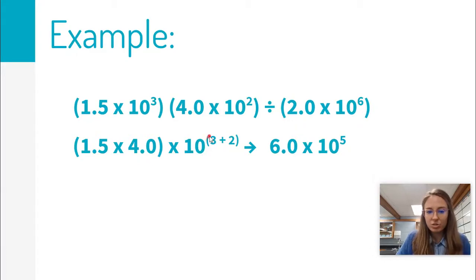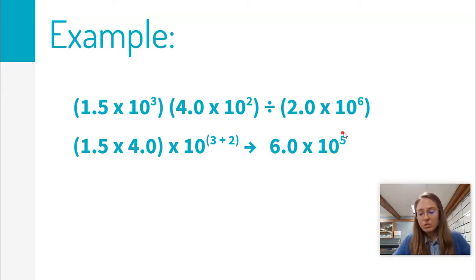And then we are going to add the exponents. So 3 plus 2 will give you a new exponent of 5. So this value should be substituted for this multiplication right here. So now we are doing 6.0 times 10 to the fifth divided by the 2 times 10 to the sixth.